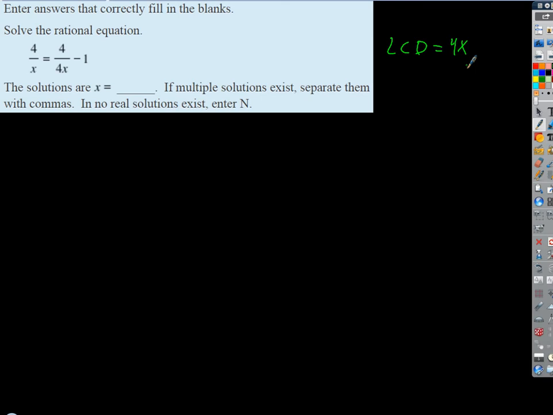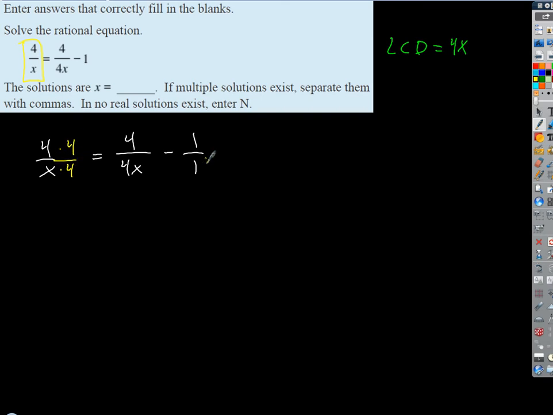So then if I want to get 4x on the bottom of everything, let's just take our original equation. And then 1 written as a fraction would just be 1 over 1. So to get a 4x on the bottom of the first fraction, I would just have to multiply both the top and the bottom by 4.